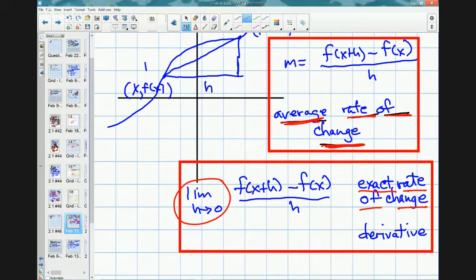So anyway, you're going to see some problems will say, find the average rate of change. And then others will say, find the exact rate of change. Well, the technique I've been showing you today is this one down here, finding the exact rate of change. How do you find the average rate of change? Just take the two ordered pairs and do the old slope formula.